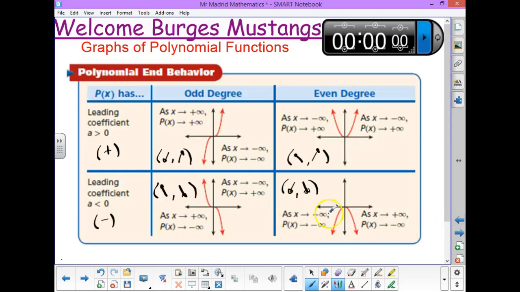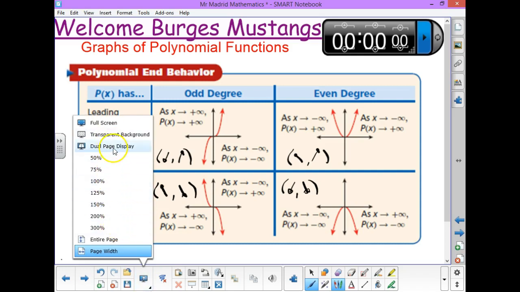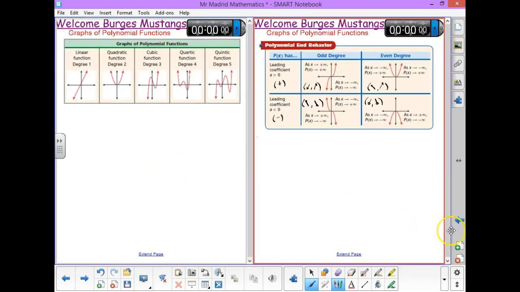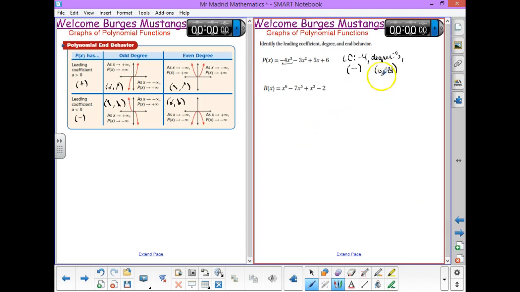Let me see if I can give a split screen. So where are we? This is what I would do for end behavior.